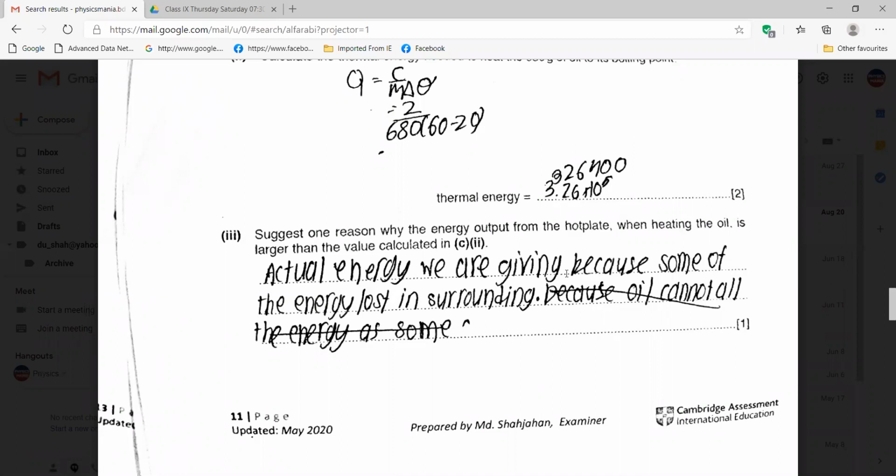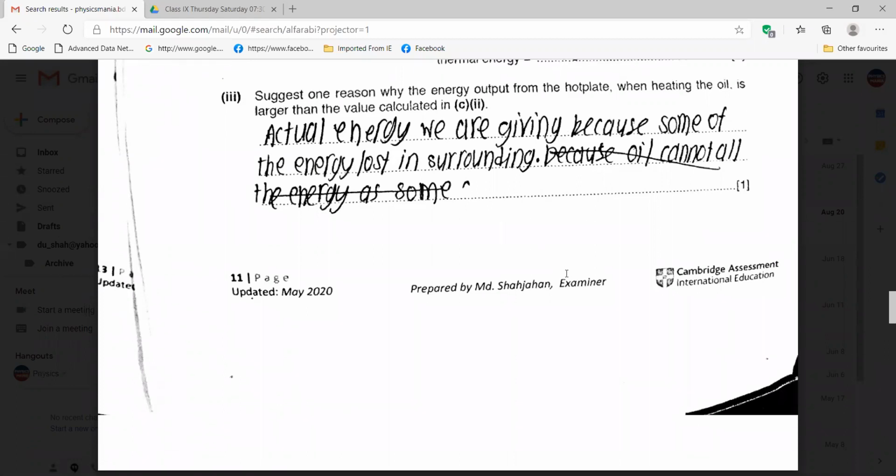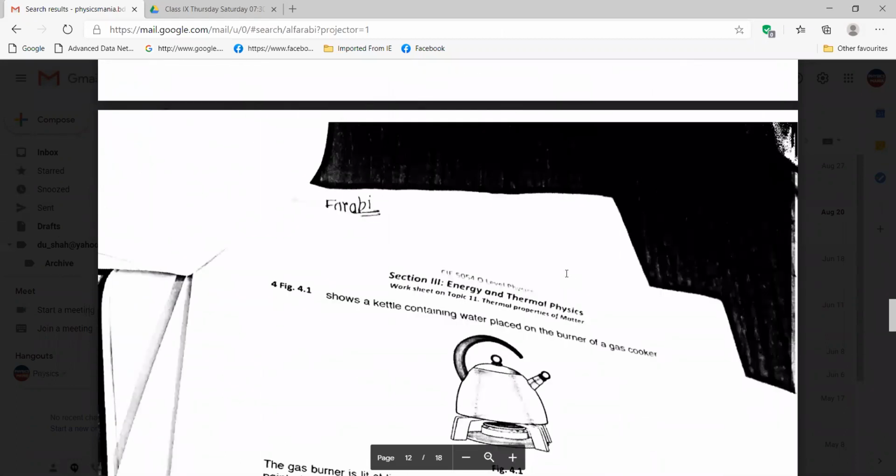You are losing some words. Actual energy we are giving is larger because some of the energy is lost in the surroundings. You are getting the same thing again and again, so remember this point. Some energy is lost in surroundings.